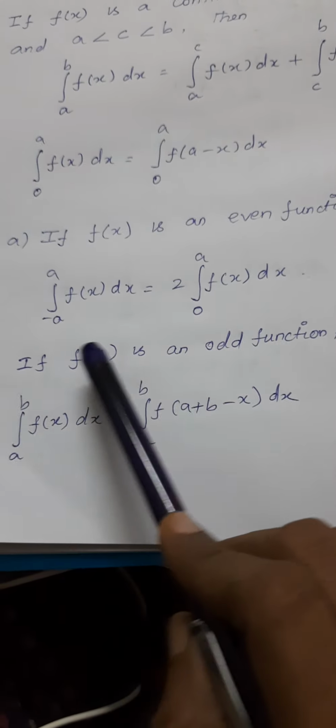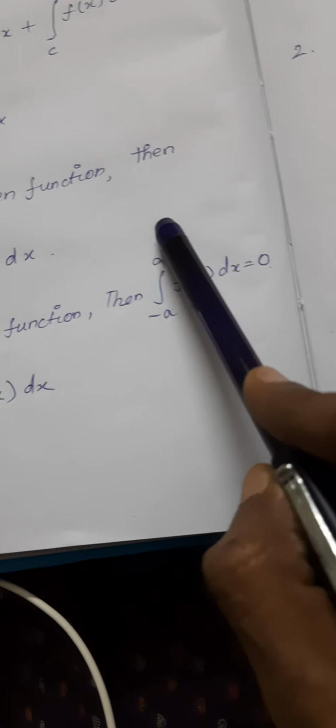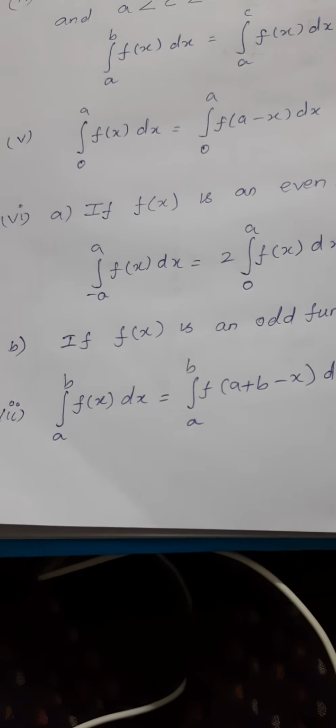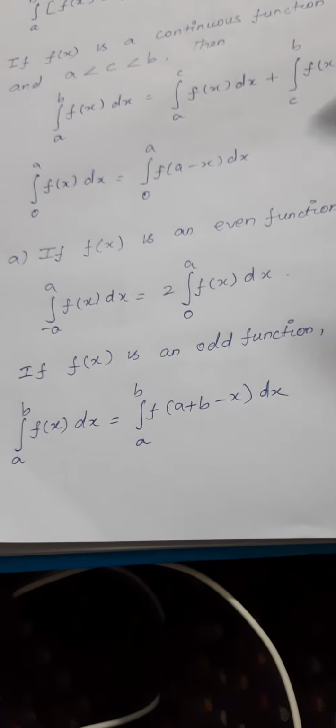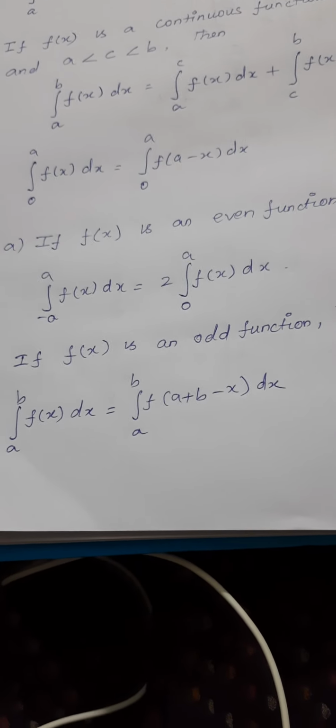And if f of x is an odd function, then integral minus a to a f of x dx is equal to 0. The value of this integral will become 0. All these we can synchronize while doing the problem.